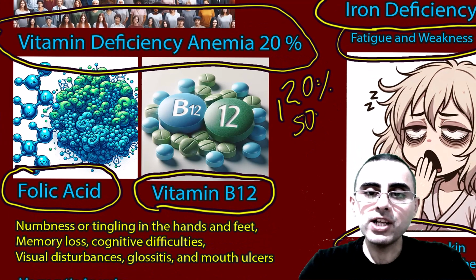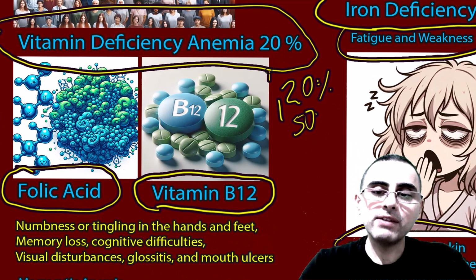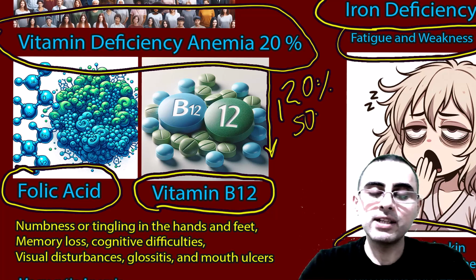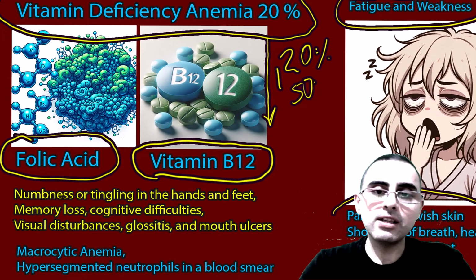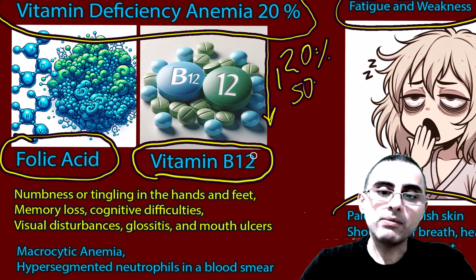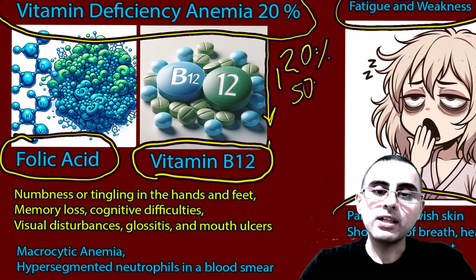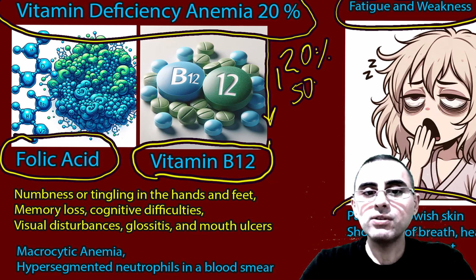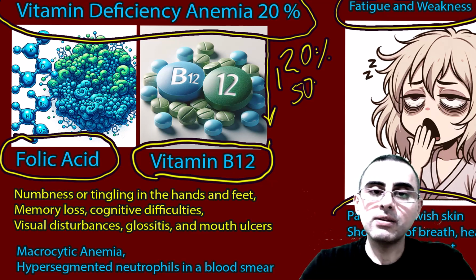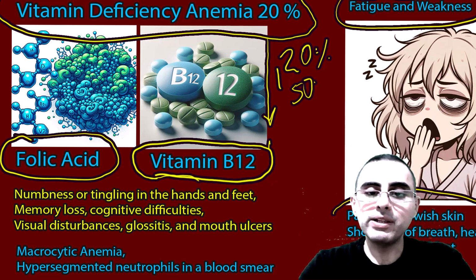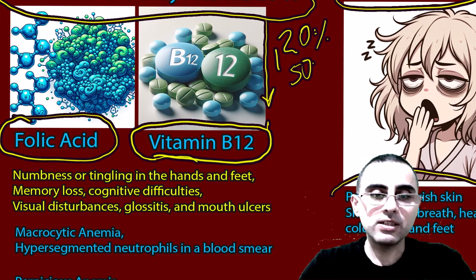Vitamin B12 deficiency is especially common among vegetarians and vegans who don't eat animal products, because vitamin B12 is in animal foods, in beef, for example, and eggs. If a person doesn't eat animal products, there is a high probability of vitamin B12 deficiency.